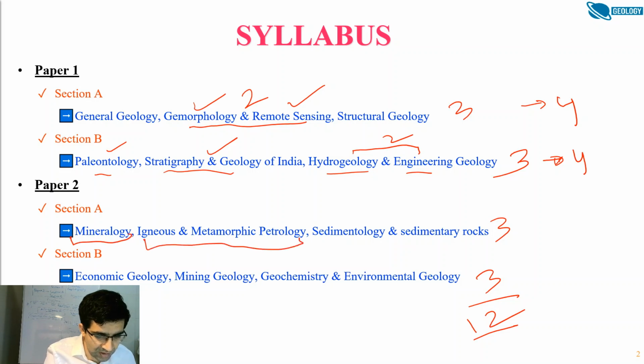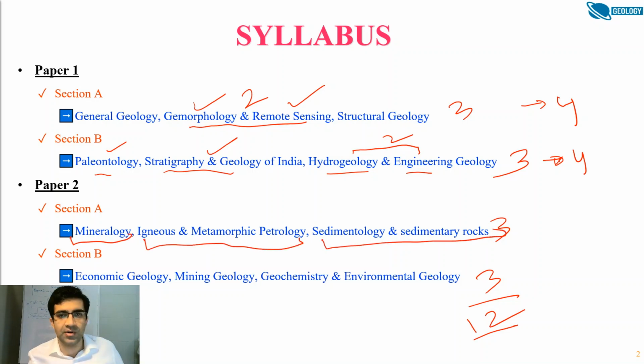Now igneous and metamorphic petrology can again be thought of as two subjects rather than a single subject, because considering the amount of syllabus in each of these subjects and how they are taught in BSc courses, these are usually taught as two separate subjects. So here also you have in reality four subjects which you'll need to prepare.